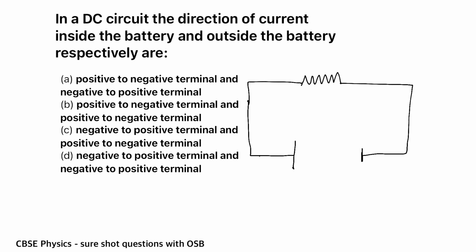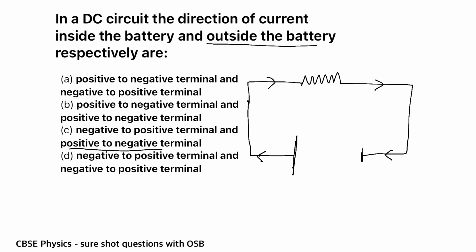We already know the direction of conventional current in an external circuit is from positive terminal to negative terminal. So this is the direction of current in the external circuit. So outside the battery, it is from positive to negative. No doubt in that, right?